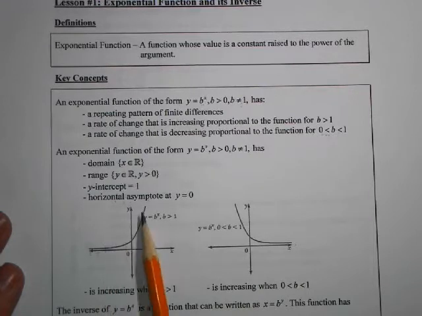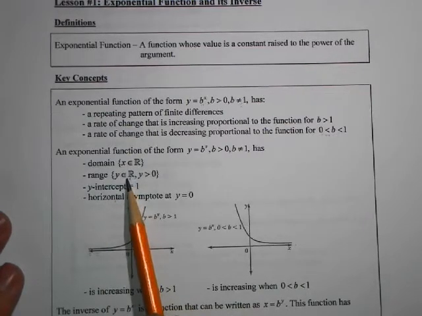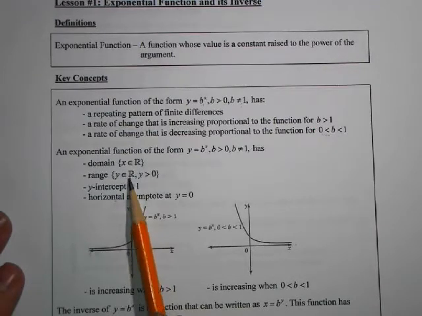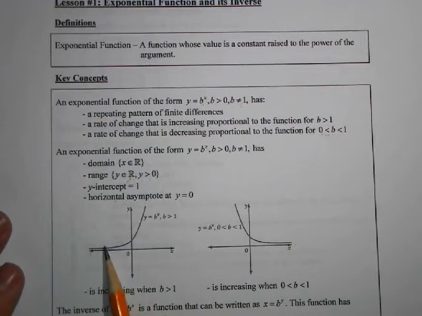So the range is all real numbers greater than 0. It doesn't include 0 because it never gets there, but everything above 0 it could reach eventually. That's true of both the growth and the decay functions.